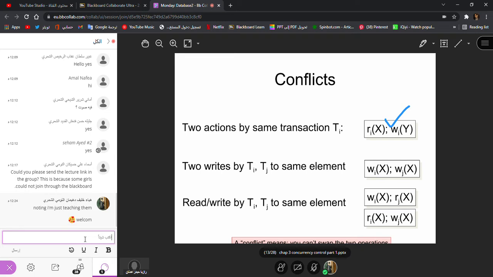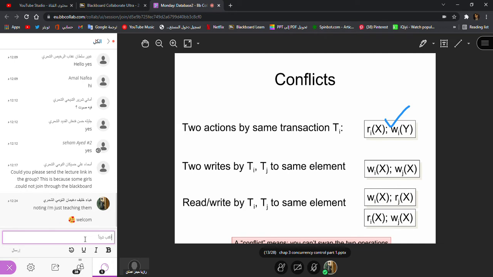Then the third type of conflict is when the two transactions, T1 and T2, are doing this: transaction 1 is writing on the data element X and transaction 2 is reading. Transaction 1 is updating something on data element X and at the same time transaction 2 is reading that value.